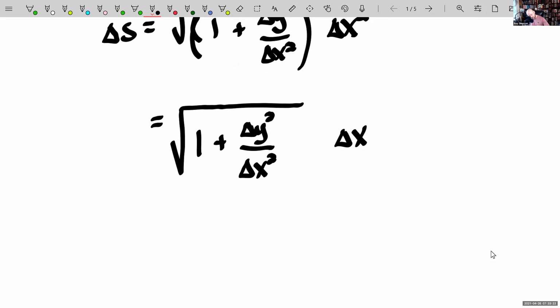And if delta x is approaching 0, delta x becomes a dx, and delta y becomes a dy. So you have dy over dx squared.